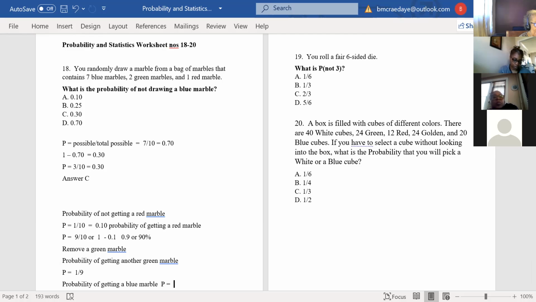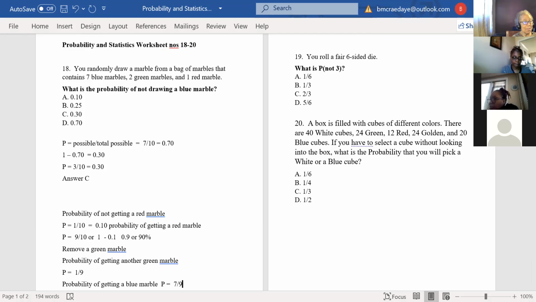1 moment. Let me just show. How many green marbles are there? 1 remaining. Well, I'm sorry. How many blue marbles are there? 7. Okay. I only took out the green, so I still have 7 blue marbles left, right? So my possible would be what, Vanessa? 7/9.